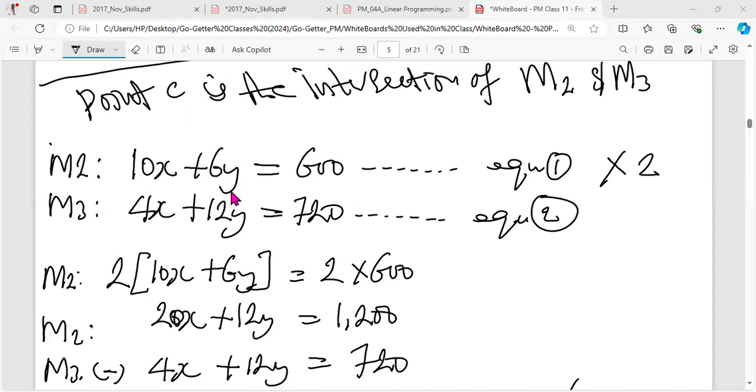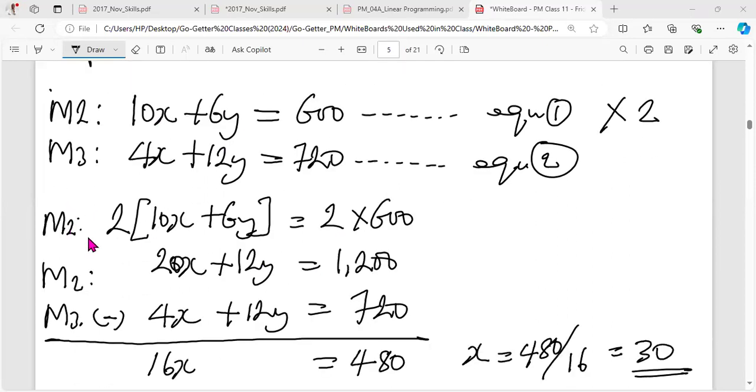So we need to make M2 and M3 become equal in terms of y. And so the only way to make these two y's equal is to multiply the whole of this equation M2 by 2, which we did. And this became 20x plus 12y equals 1200.